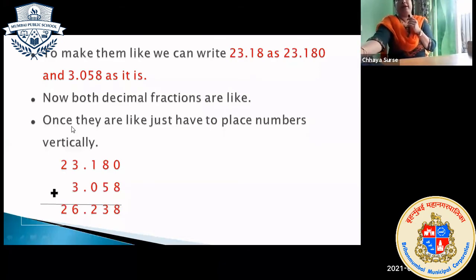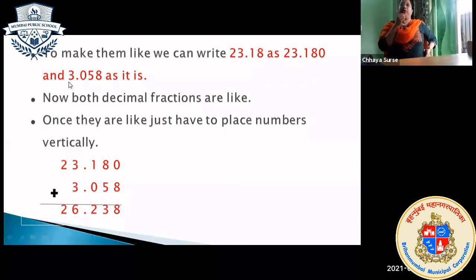See how to add. Once they are like, just place the numbers vertically. Now arrange the numbers 23.180. Now 3, on which place? What is the 3's place value?